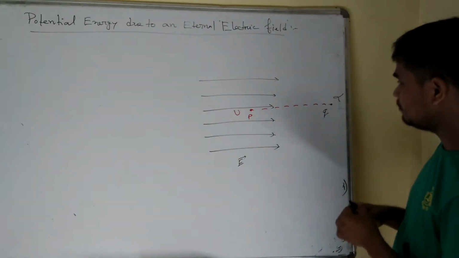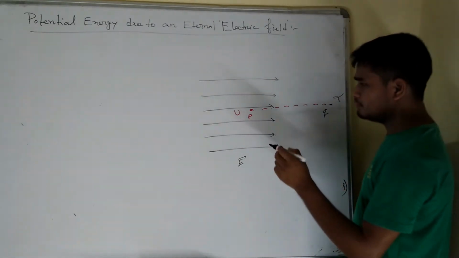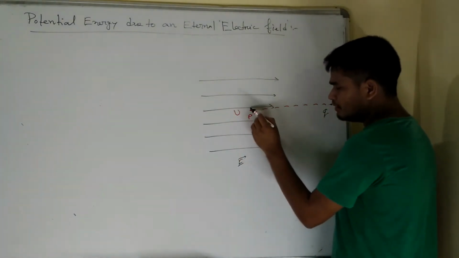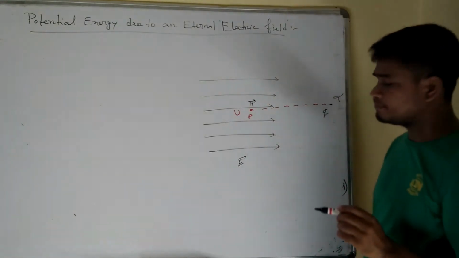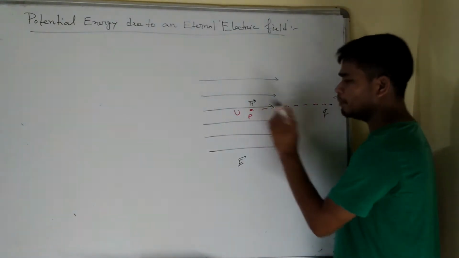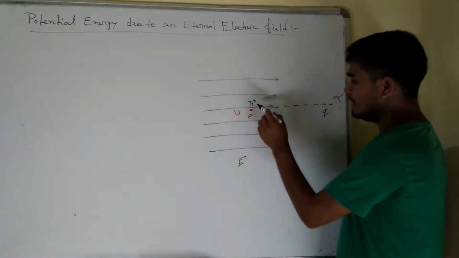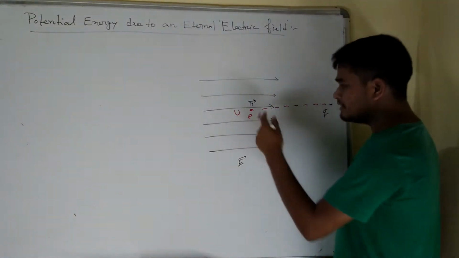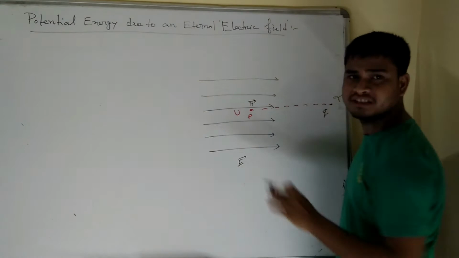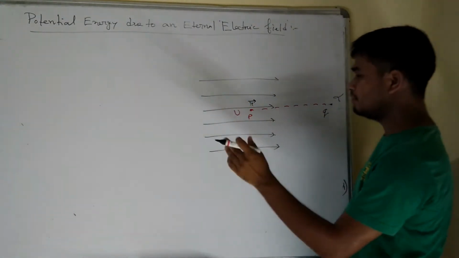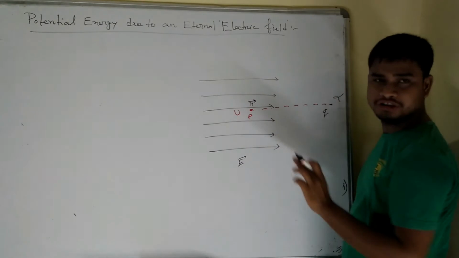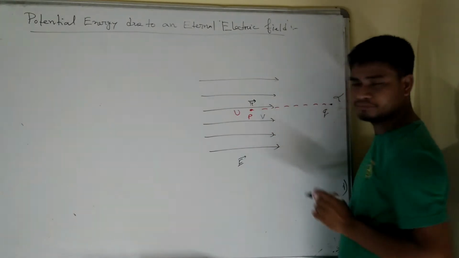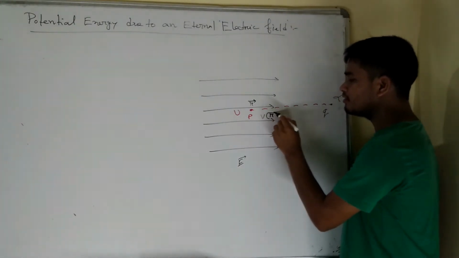Therefore, we can assume R is the position vector of point P. Since there is a system of charges, there should be a total potential, and that potential at position vector R is V(R).